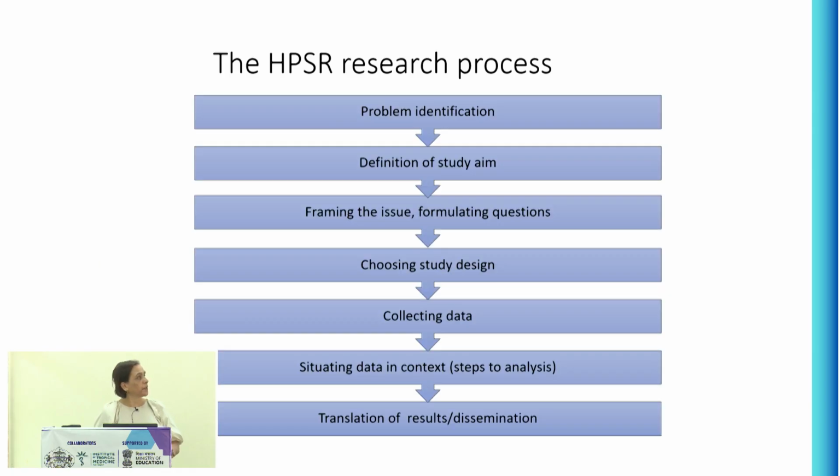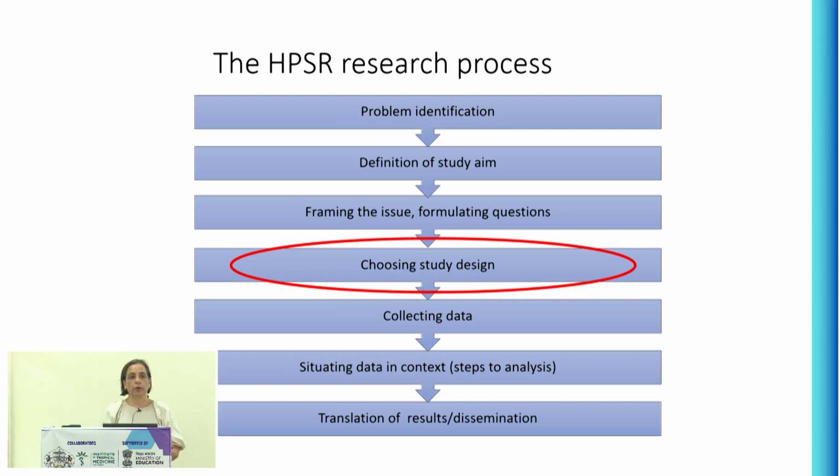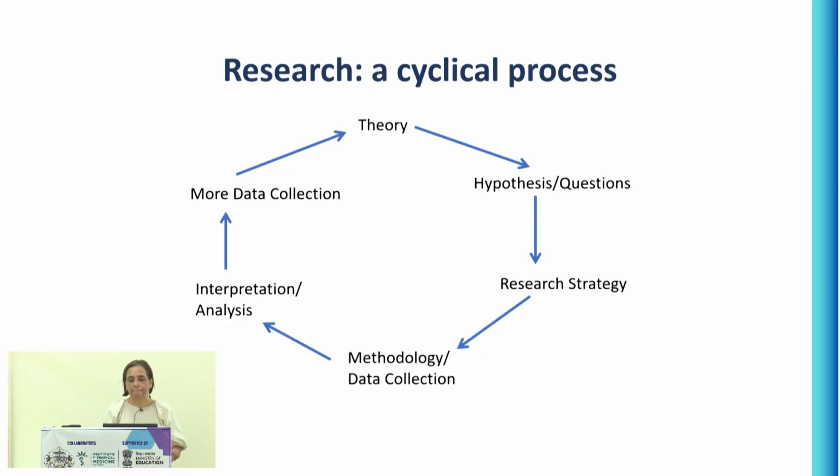Okay, so just bringing us back to the 8 steps of the research process and showing you where we are. In terms of the cyclical process, we talked this morning about theory being not necessarily only considered at the outset of the project, but theory also influences your study design, and we come back to theory in terms of looking at our data and so on.